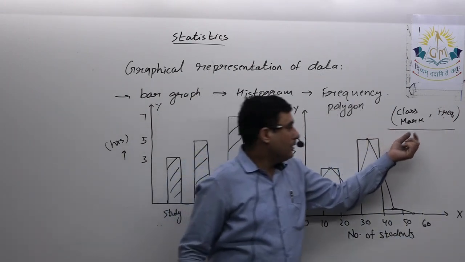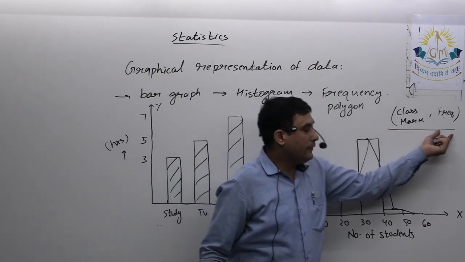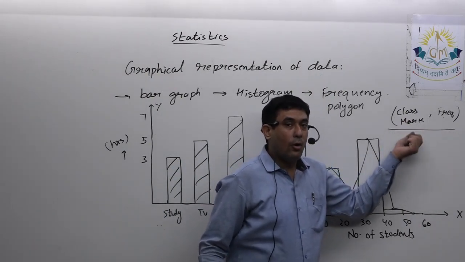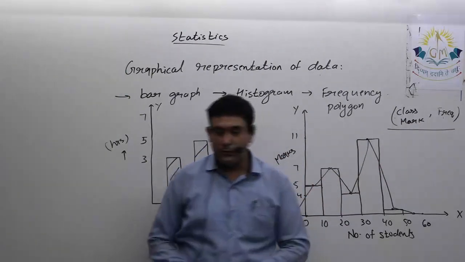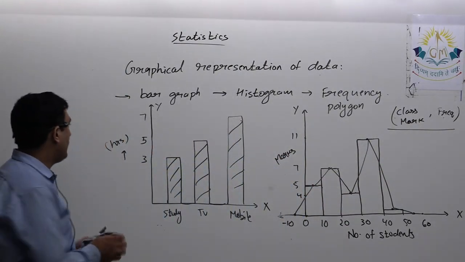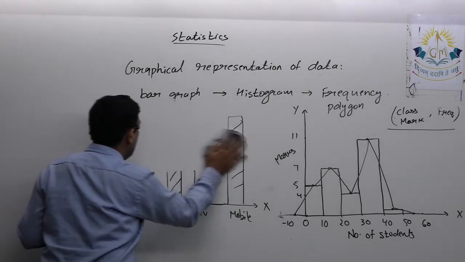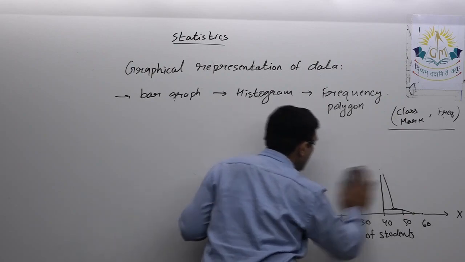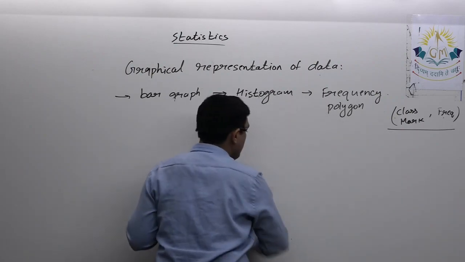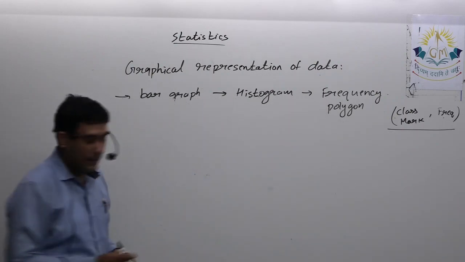Classes are given, so you can find the class mark as well as the frequency. Plot those points on the graph paper and join them directly with the help of a scale. Then you will get the frequency polygon without actually drawing the histogram.